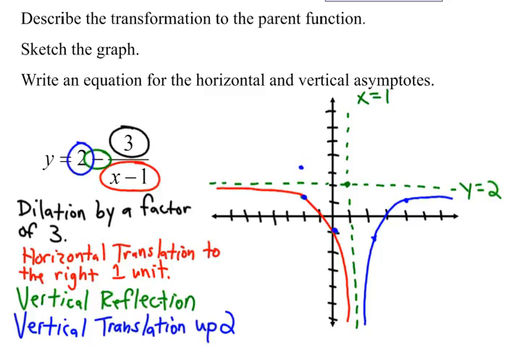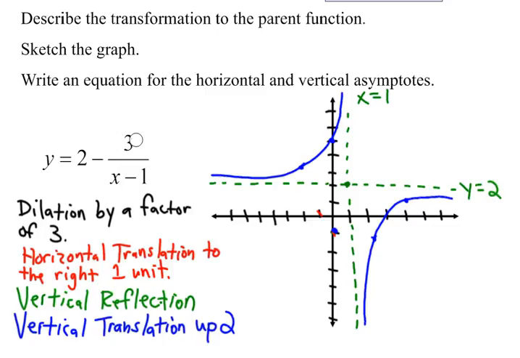Well, we better go over 1 and up 3 to that point. So now we can draw in our curve. Again, the asymptotes are your guidelines, so we can now get rid of this. So that is a sketch of the graph of y equals 2 minus 3 over x minus 1.